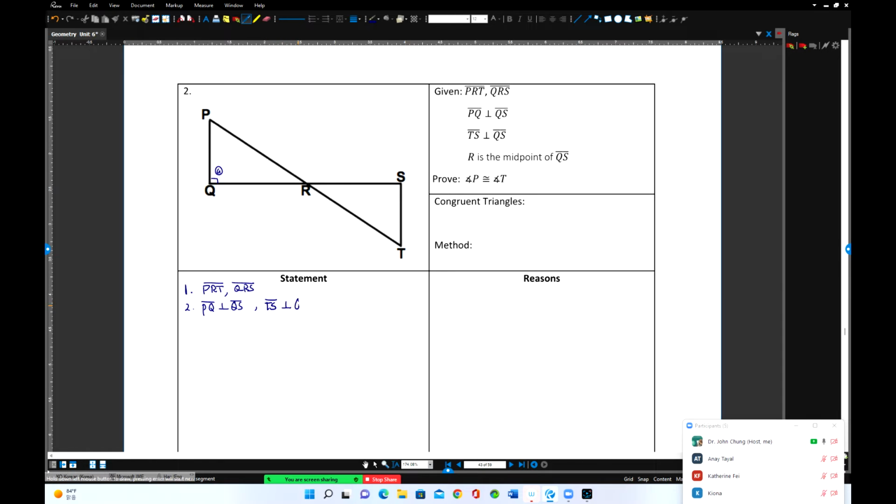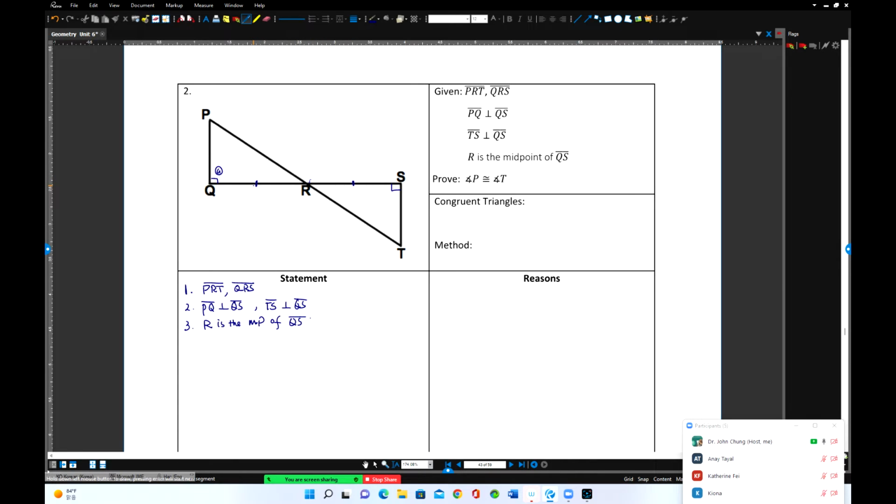TS and QS. The third one is R is the midpoint of QS. So R is the midpoint, these two lengths are equal. Right?